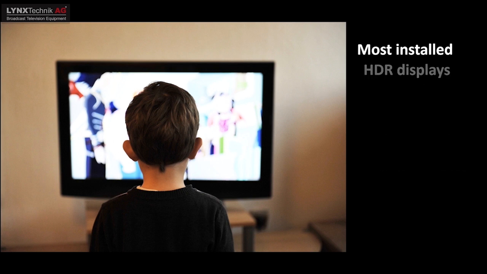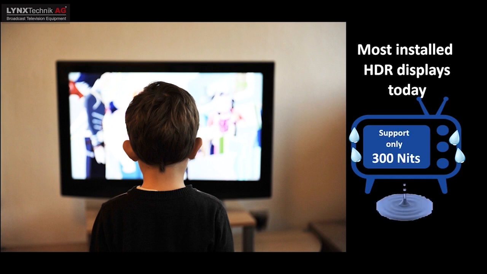Moreover, even today, most of the installed so-called HDR displays are not even capable of handling more than 300 nits. Therefore, it becomes pertinent to have an SDR feed along with the high dynamic range for distribution. But identifying what workflow to include in the production is a major challenge for some of the broadcasters.